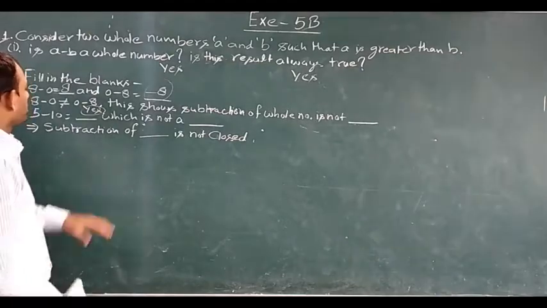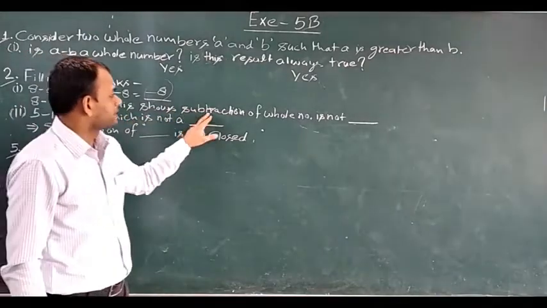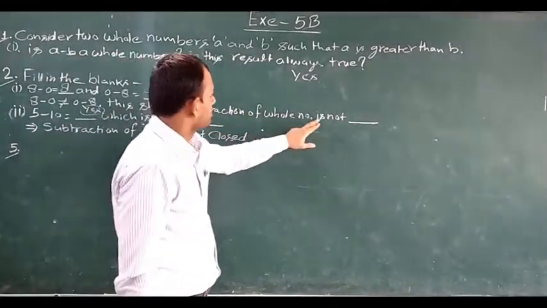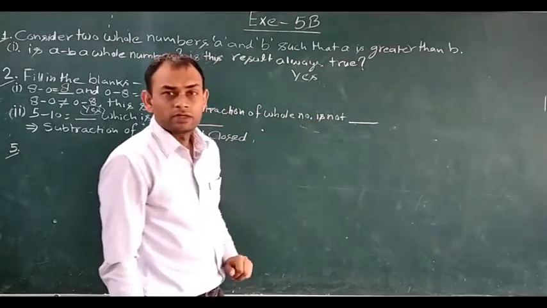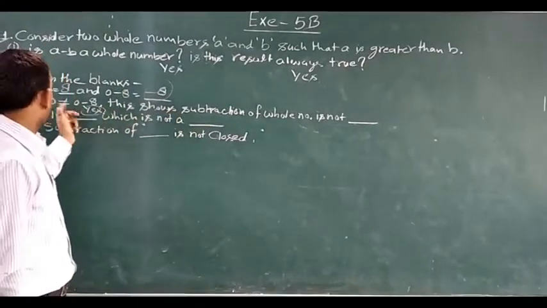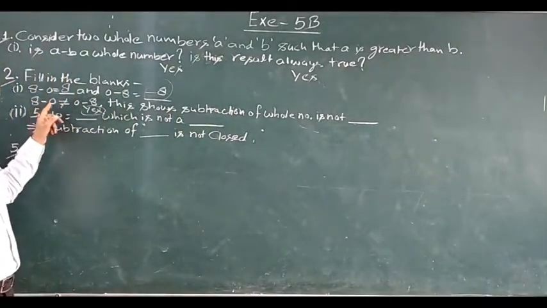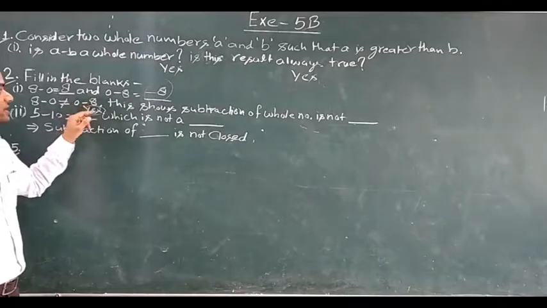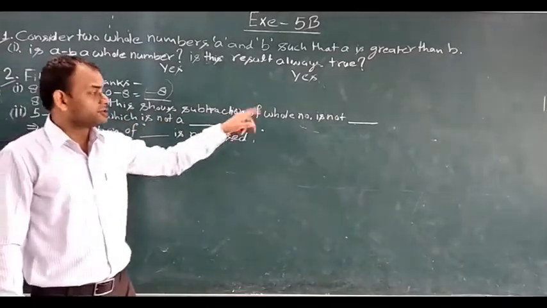Got it? Now this shows subtraction of whole numbers is not what? Which property is it not following? This equation, 8 minus 0 not equal to 0 minus 8, shows that it is not commutative.